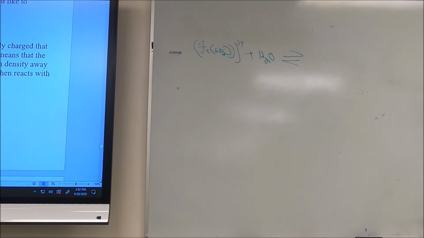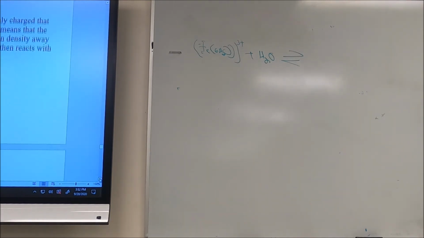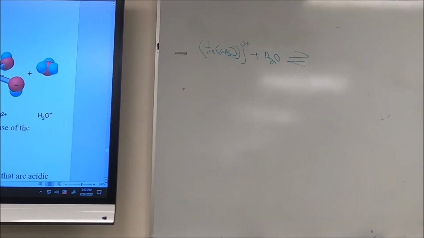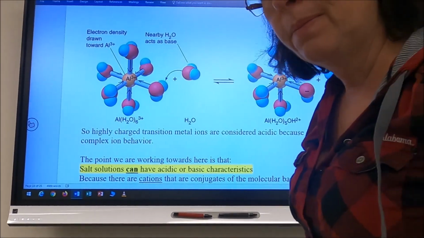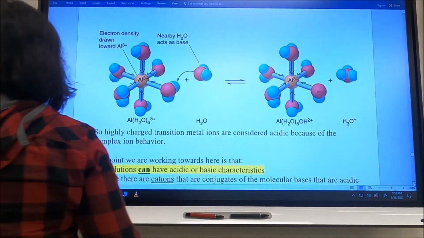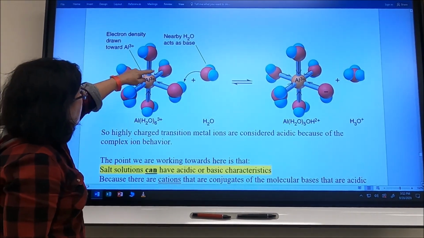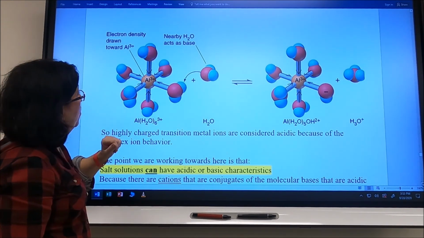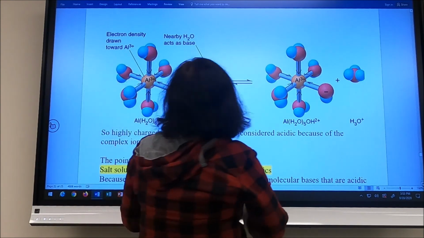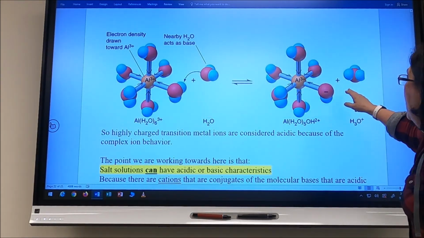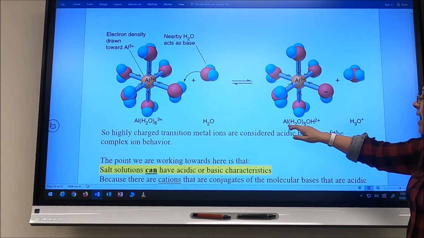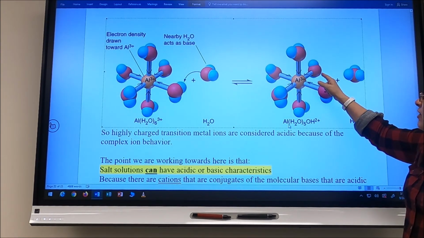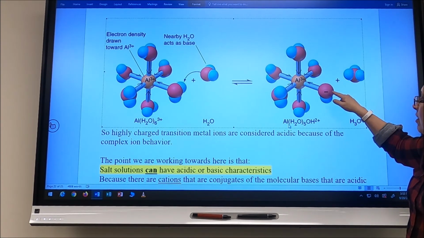Now I think your book does a much prettier job than I can do. So let's look at it. Aluminum will do this too. So there I've got the aluminum in the middle of the complex. Electron density is being pulled toward the aluminum. A nearby water acts as a base, and I get the formation of the hydronium ion, and then one of the waters that was part of the complex loses its hydrogen.